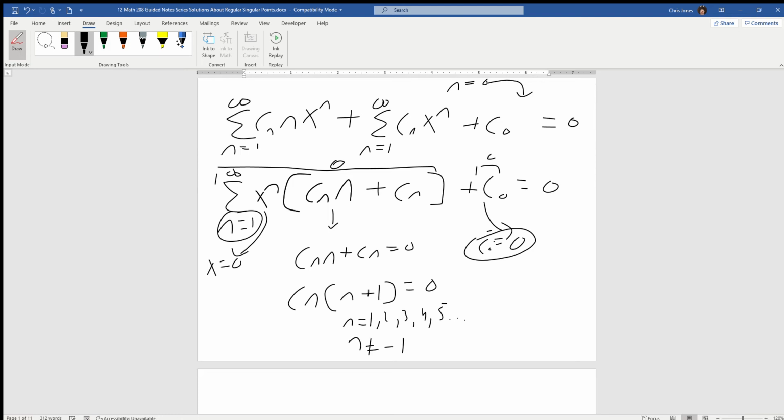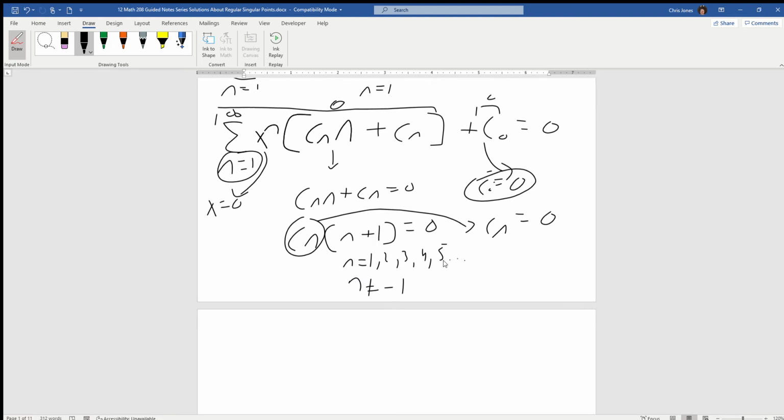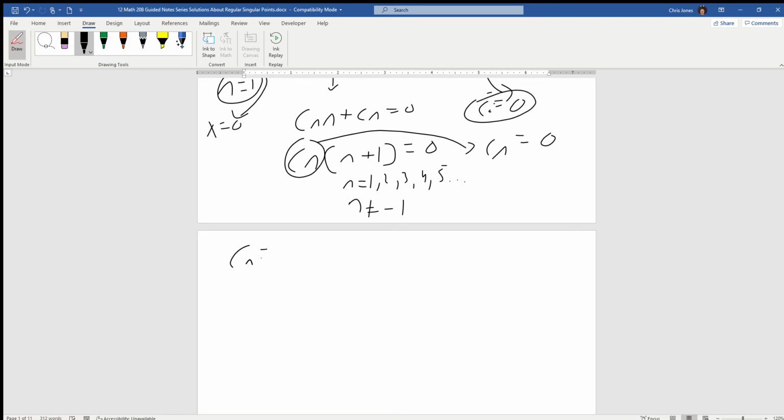So the only way for this to be true is when c sub n is equal to 0. What that means is we don't have to go through the method of iteration, because even if we were to divide by n plus 1, we would get c sub n equals 0 anyway.